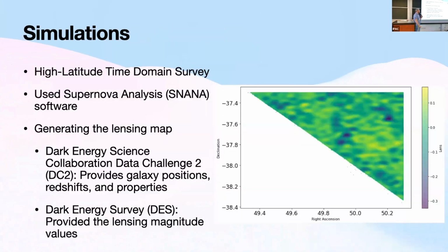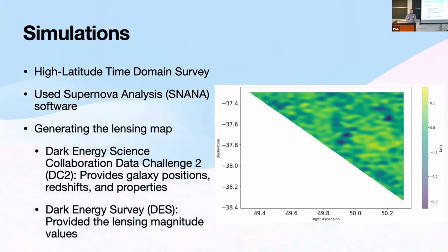So we wanted to look at this a little bit more because this was tested and developed and fit to data from SNLS, so a smaller data set, lower redshift. And so we looked at building a simulation of what Roman will see, using the high latitude time domain survey, using the SNANA software, and most importantly this lensing map.